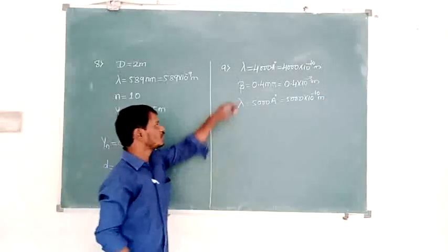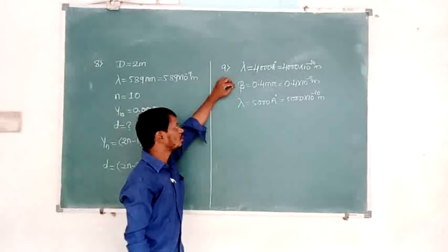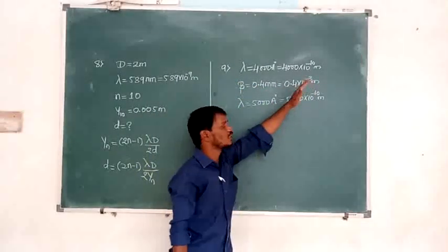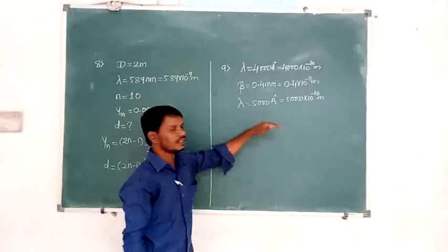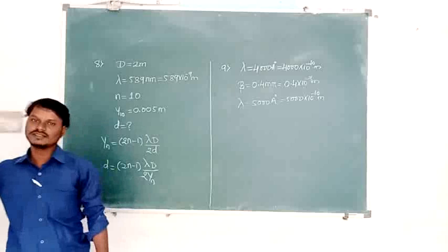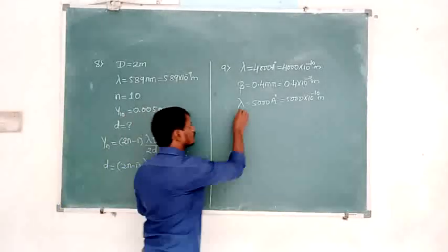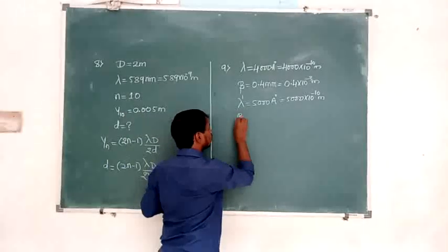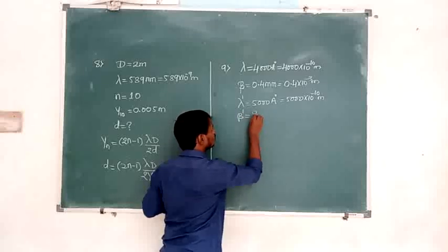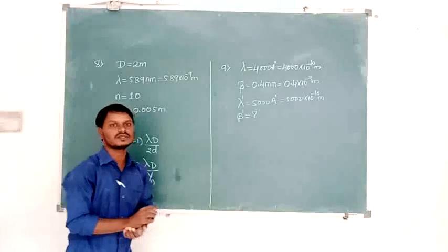For the first wavelength, you got the fringe width 0.4 into 10 to the power of minus 3 meter. For the next wavelength, I will take that wavelength as lambda dash. Then our aim is to find beta dash. That is our question.